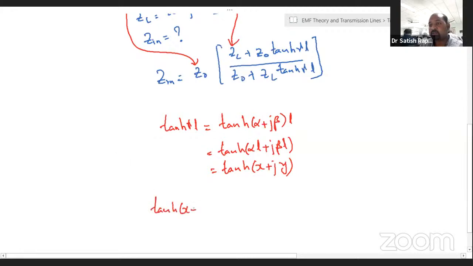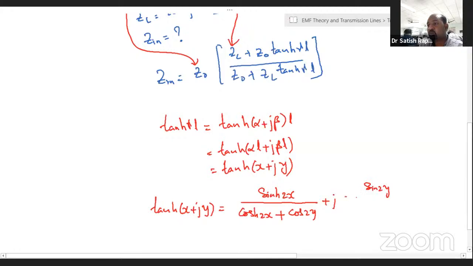So tanh of x plus jy is equal to sinh 2x divided by (cosh 2x plus cos 2y), plus j sin 2y divided by (cosh 2x plus cos 2y).